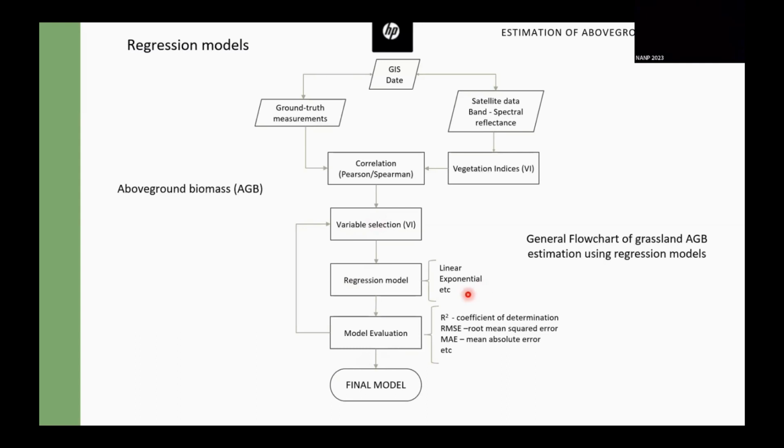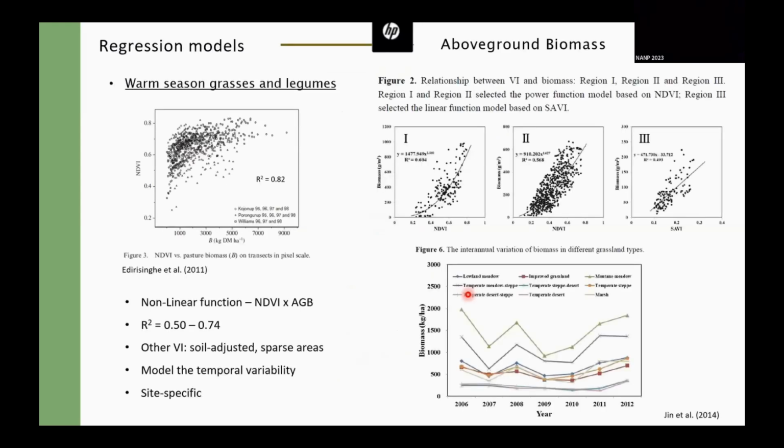So I bring some examples of how this regression model works, based on warm season grasses and legumes and tropical forages.